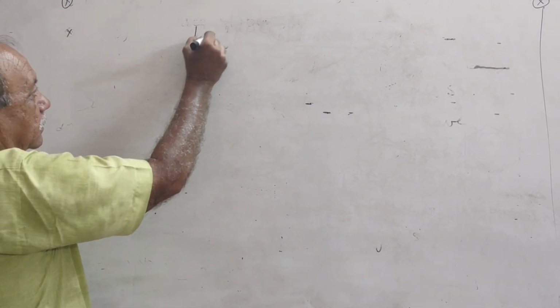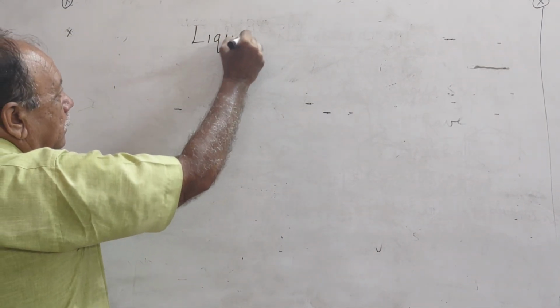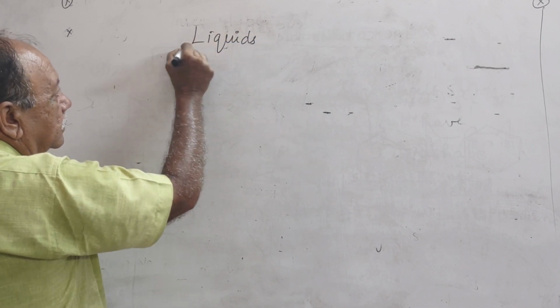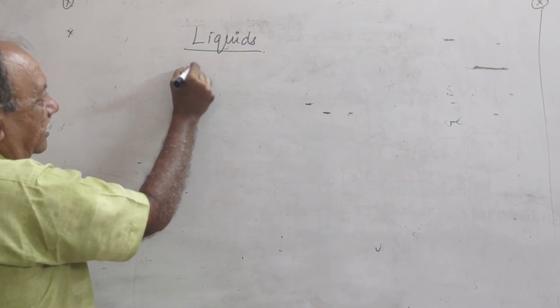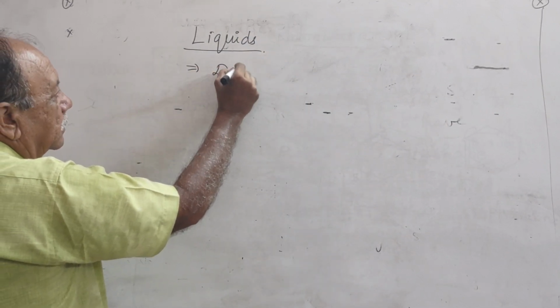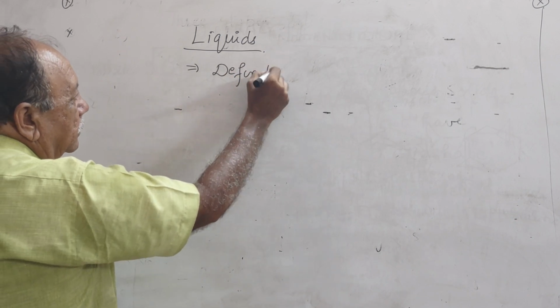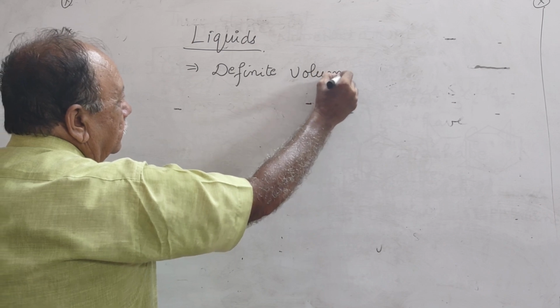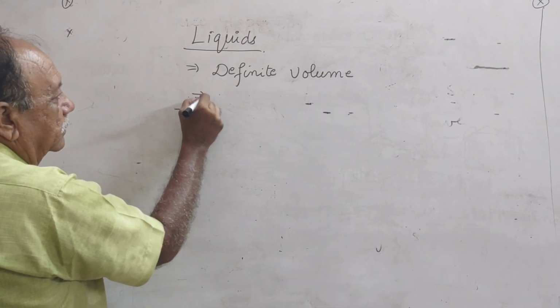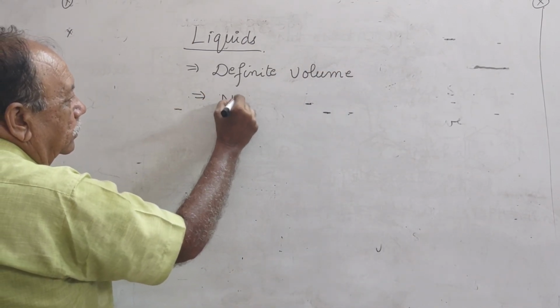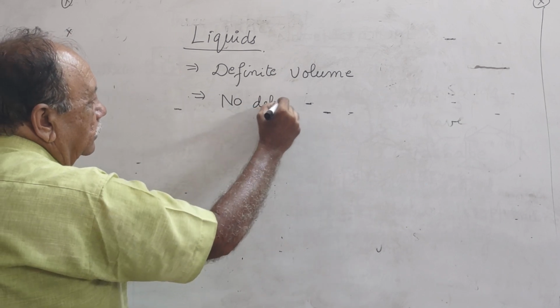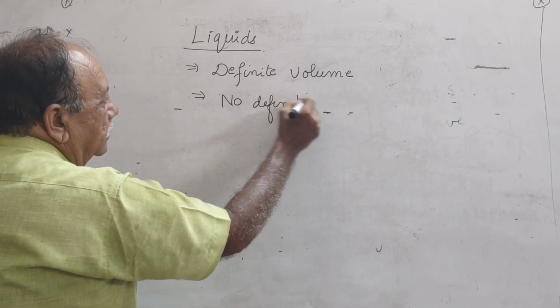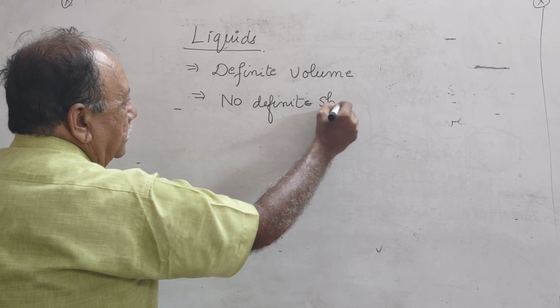What are liquids? These have definite volume but no definite shape.